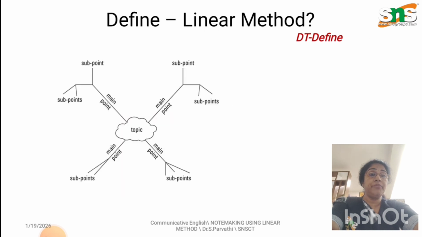Make sure of this. As soon as you read the passage, give the main title and the sub points, and this information should enable a person to write an article.